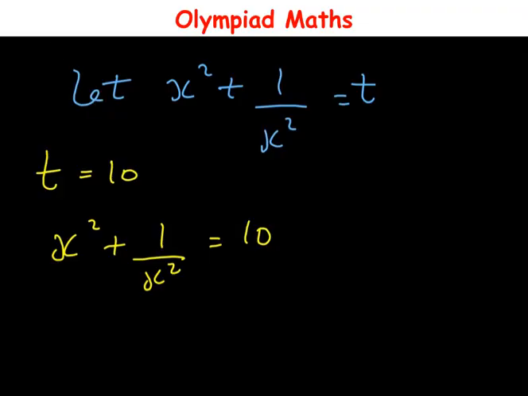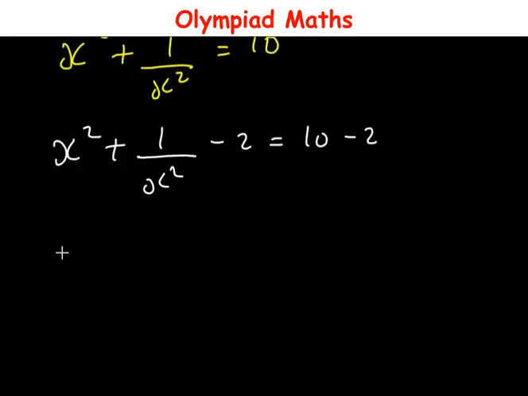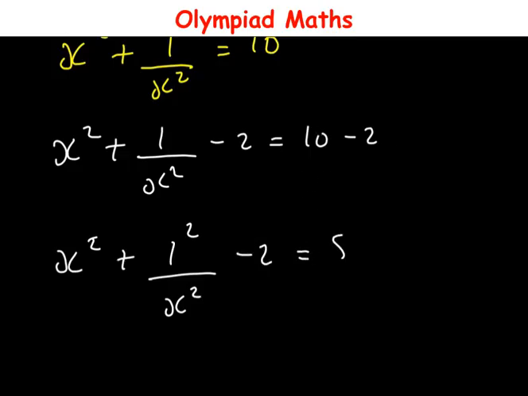So we are then going to subtract 2 from both sides of the equation. It becomes x squared plus 1 over x squared, then minus 2 equals 10 minus 2, which is 8.